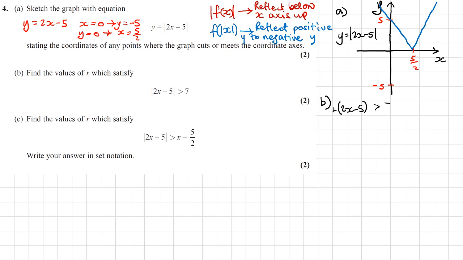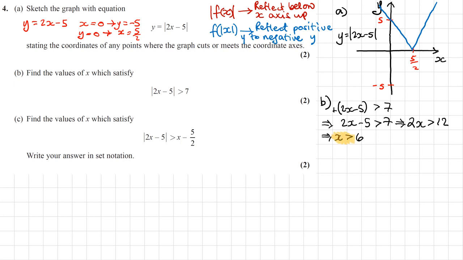I want to solve this is greater than 7, so 2x minus 5 is greater than 7. We add 5 to both sides, so 2x is greater than 12, and that leaves me with x is greater than 6 as one part of my solution.